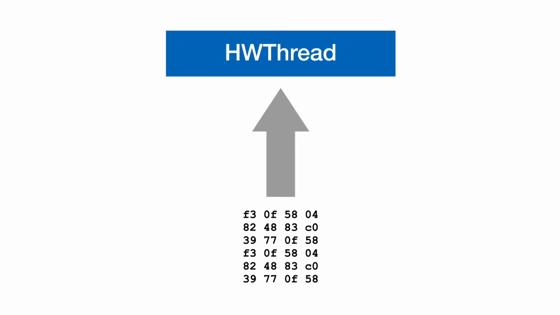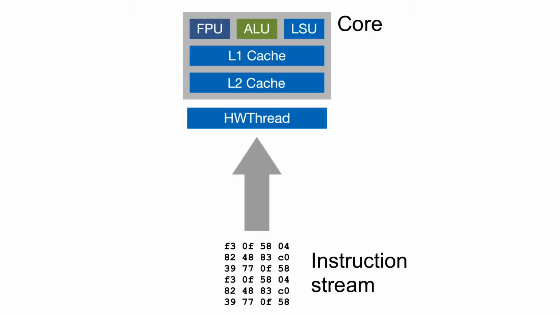While a hardware thread is an abstract receiver of an instruction stream, on a real hardware design you need execution units that can execute the instructions. Multiple execution units are organized in a core. Here you see a very simplified example for a core having a floating point unit, a general purpose arithmetic logical unit, and a load store unit, and a two-level private cache hierarchy.